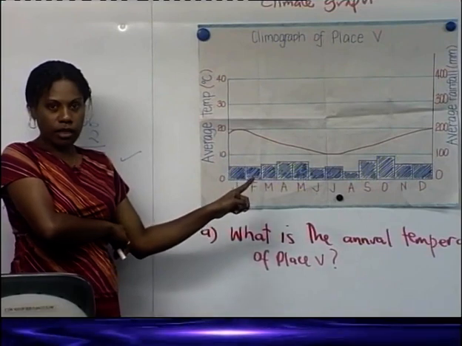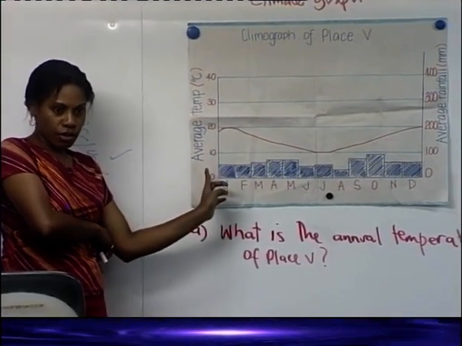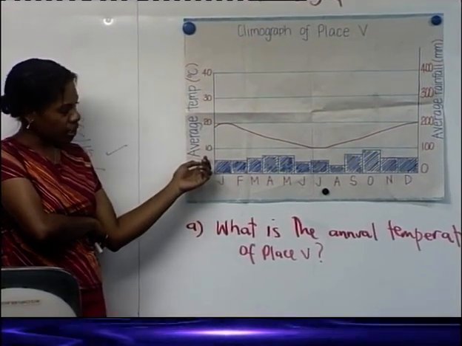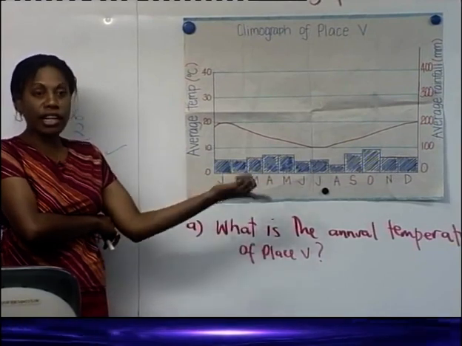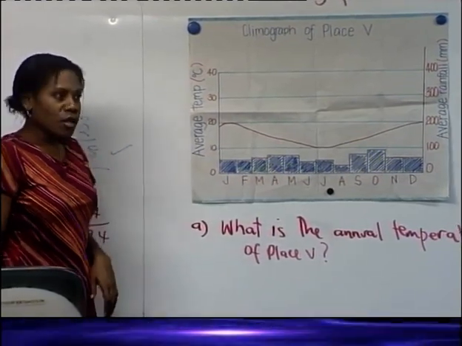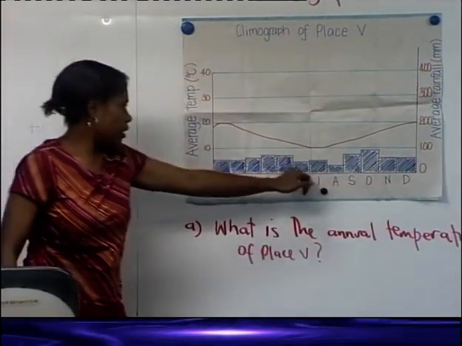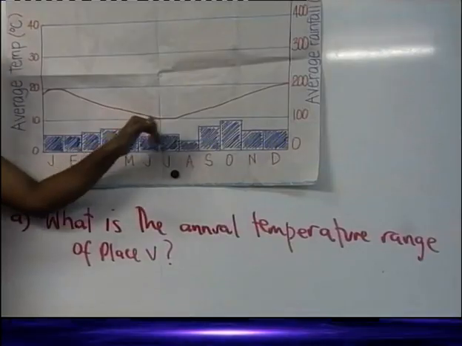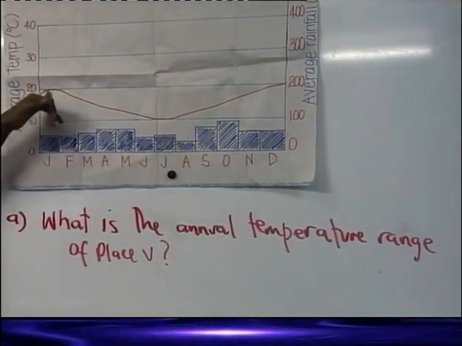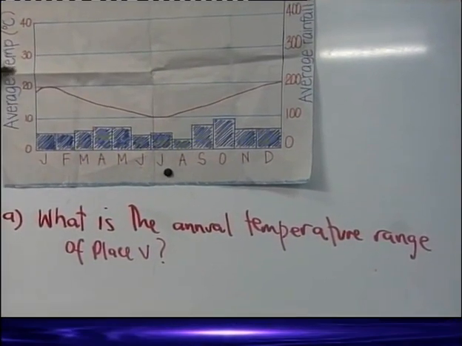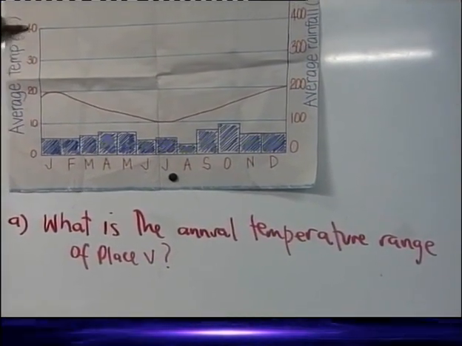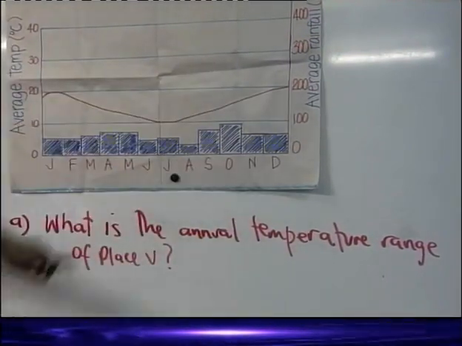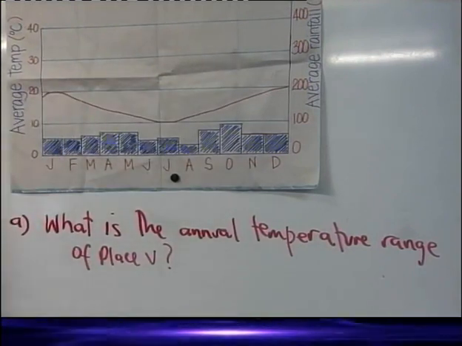So are you going to look at the temperature readings or the rainfall readings? Yes, you have to look at the temperature readings because it's asking for the temperature range. So you look at this line graph, study it carefully. Here, in degrees Celsius: 10, 20, 30, 40. Rainfall: 0, 100 millimeters, 200.